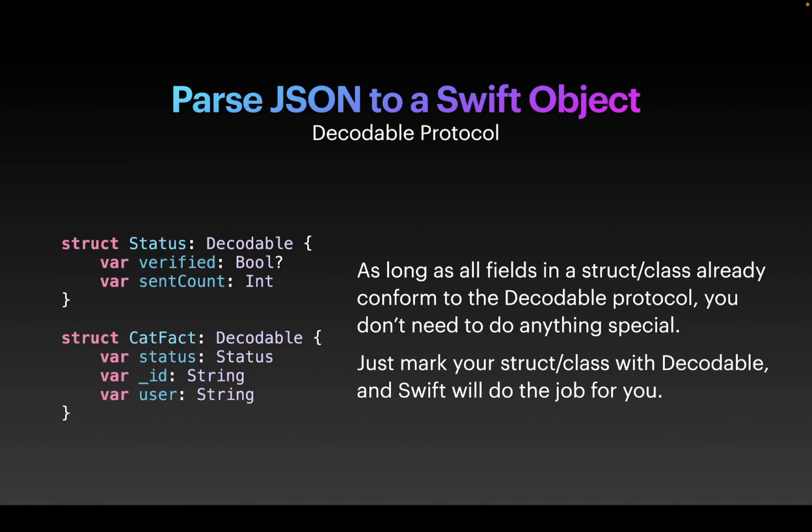In this case, you can infer that the Boolean, the integer, the string are already conformed to Decodable, which is implemented by the standard library. That's why when you just say cat_fact conforms to Decodable, or the status struct conforms to Decodable, it works.